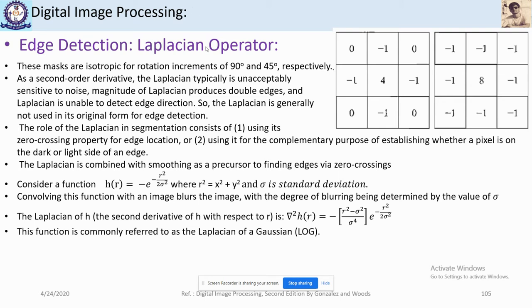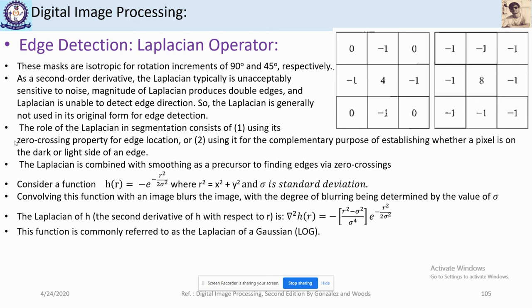So how do we then use the Laplacian operator to detect the edges? The role of the Laplacian in segmentation consists of using its zero crossing property for edge location. We use its zero crossing property, which we have discussed in the previous lecture, that the second order derivative gives a positive value for dark pixels and a negative value for the brighter pixels.